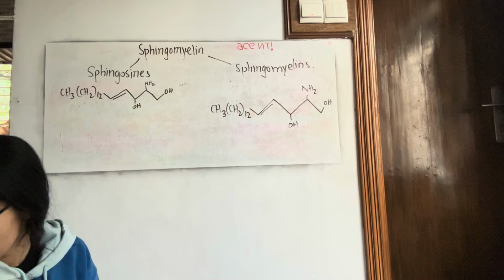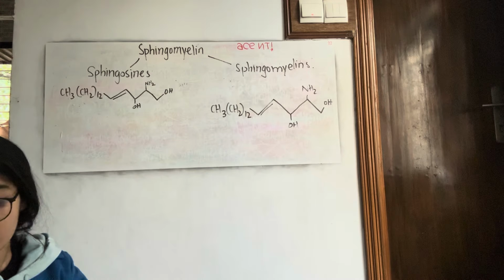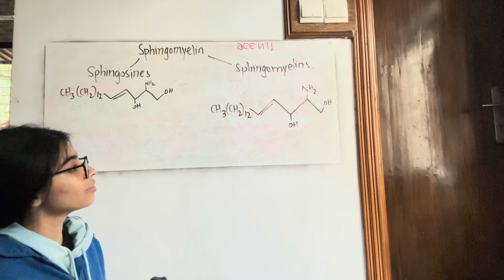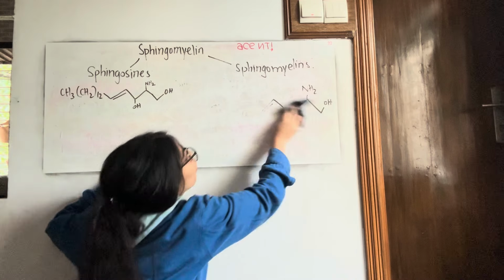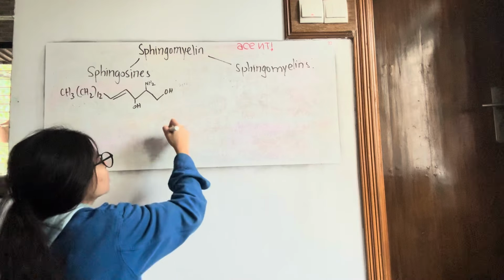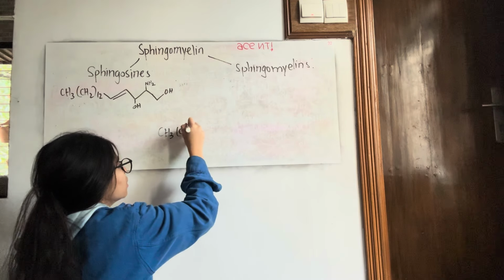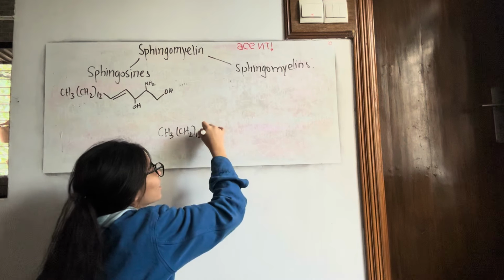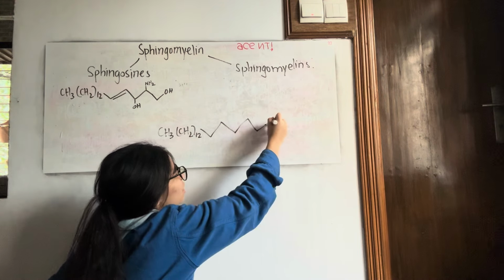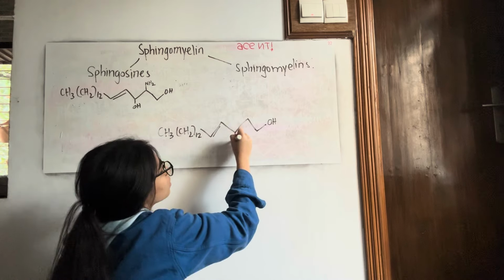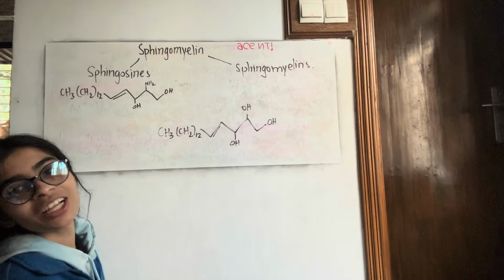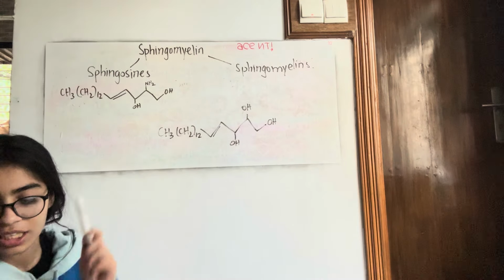Now we want to make sphingomyelin. I feel like the name itself is your first red flag, it's broader. I should have drawn it here. CH3, CH2, 12, 1, 2. This is sphingosine, for the love of God. We're gonna change a few things.